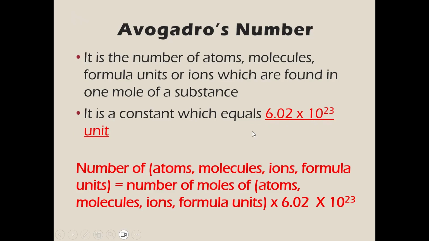If it is 1 mole of molecules, it will equal this number of that molecule. So the number of atoms, molecules, ions, or formula units equals the number of moles of that atom, molecule, ion, or formula unit respectively, times 6.02 times 10 to the power 23.